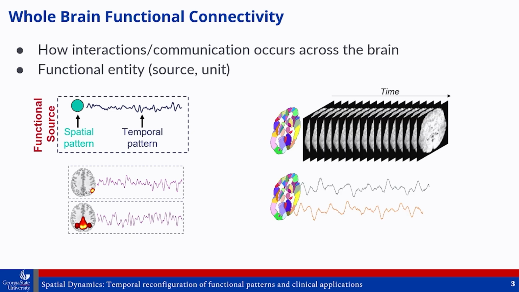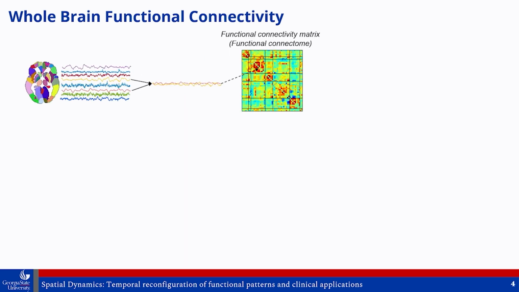The most straightforward way is to use an atlas and approximate each functional source using a spatially fixed parcel. Then we calculate the average time series within each parcel as a representative of the time course of that functional source, and simply calculate the temporal similarity between these time courses to get what we call the functional connectivity matrix.